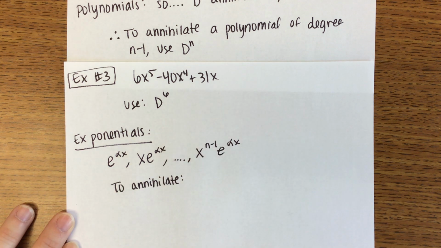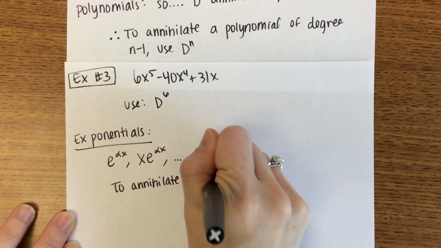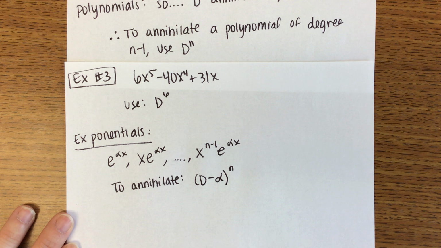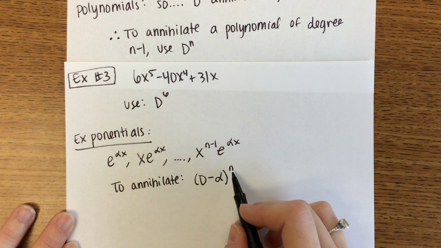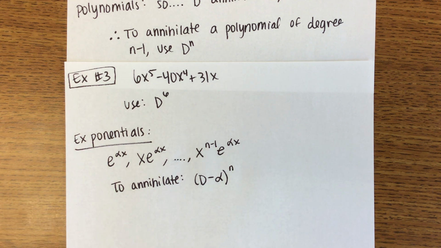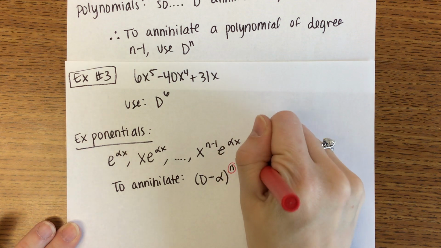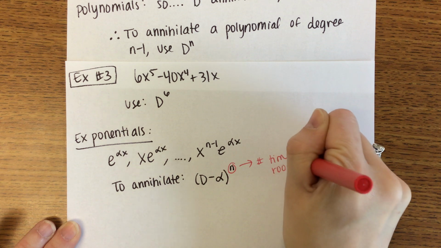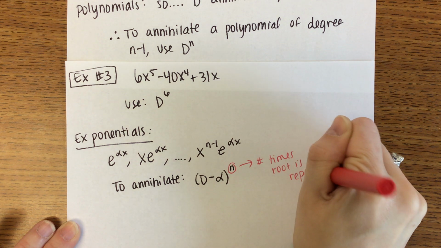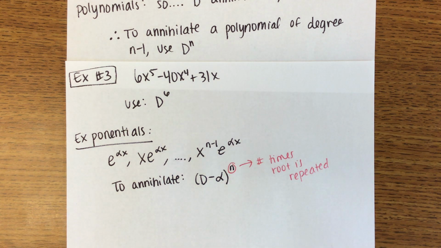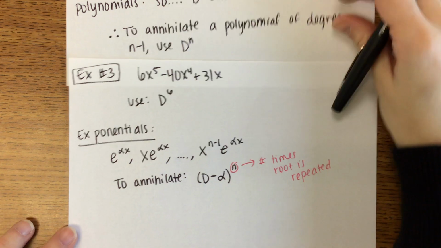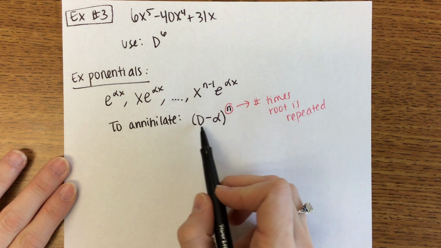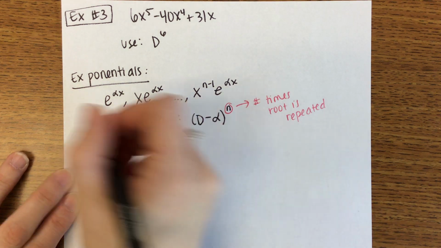So to annihilate, here's what you're going to use: the quantity D minus alpha to the power n. n is the number of times the root is repeated. You will need to memorize these annihilators. For polynomials, it's not difficult to memorize, but for the exponential, you need to memorize that.